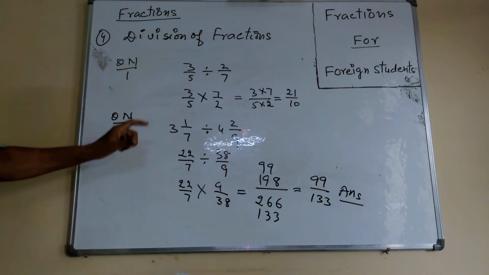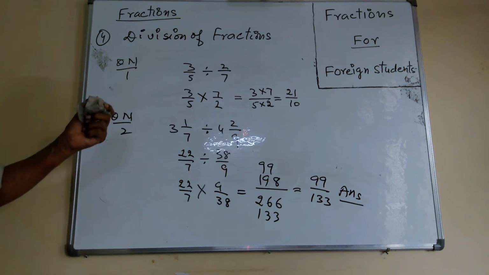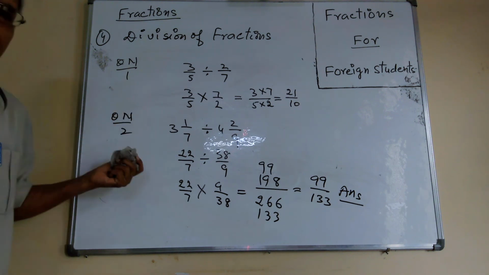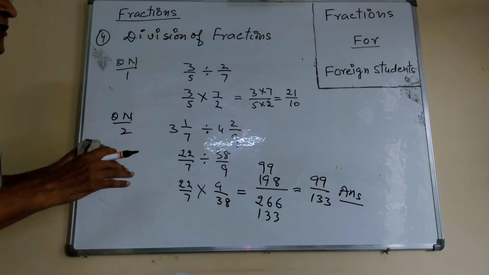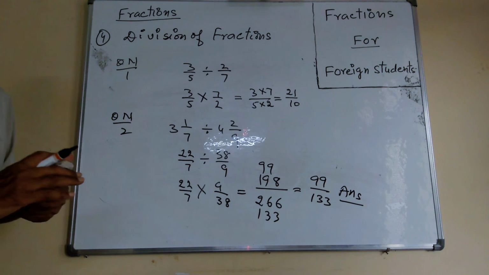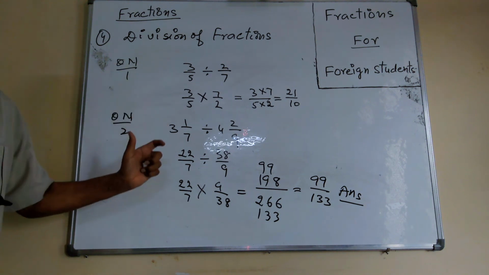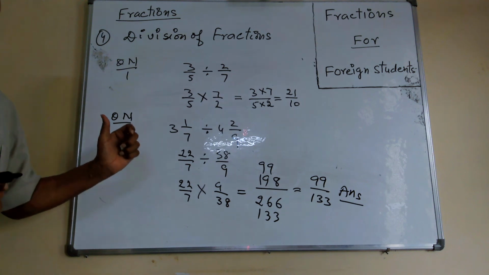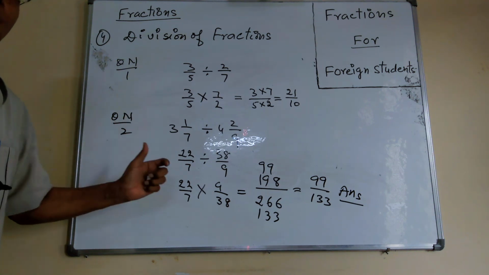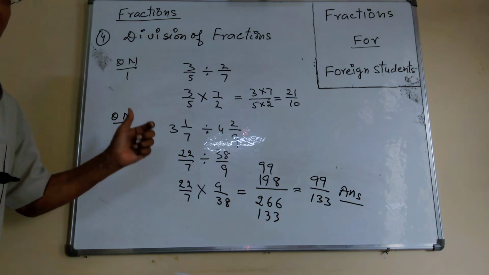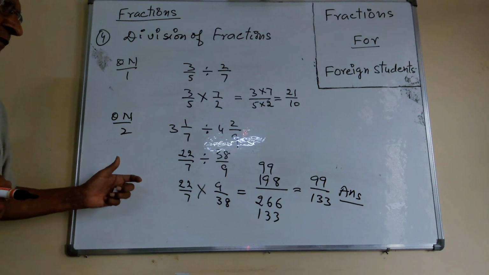So you have seen how these fractions are added, subtracted, multiplied, and divided. And we have taken simple fractions as well as complex fractions, and you have seen the method of how you change complex fractions into proper form.